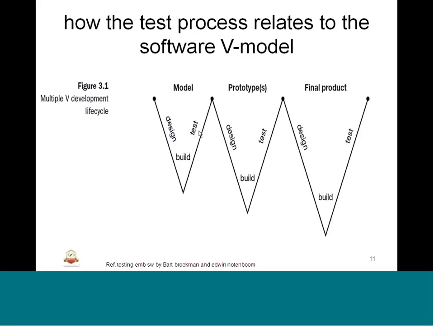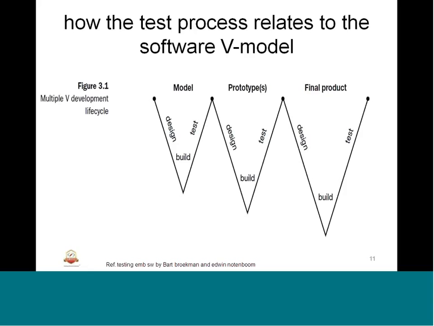By mapping the test process into the multiple V model, it provides insight into when one can start activities and what the best time is for execution, and which test issues are most relevant at which stage in the development process.